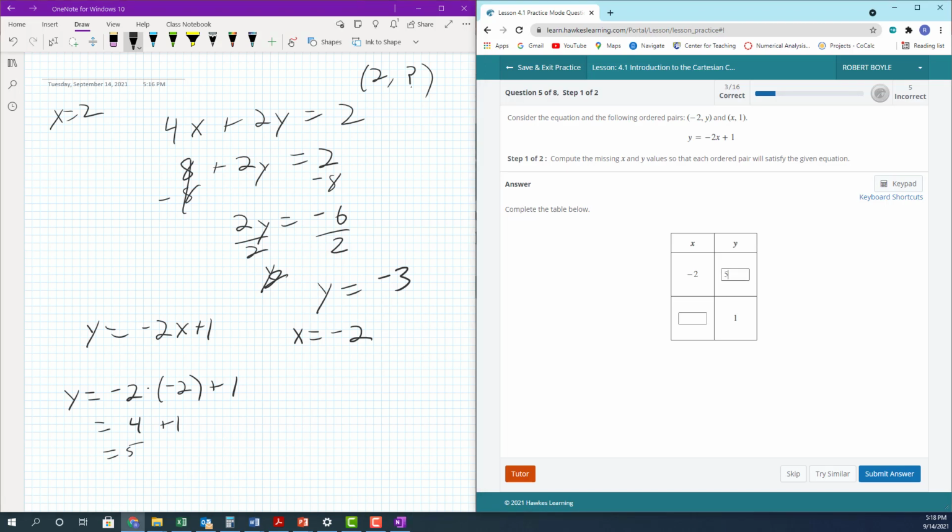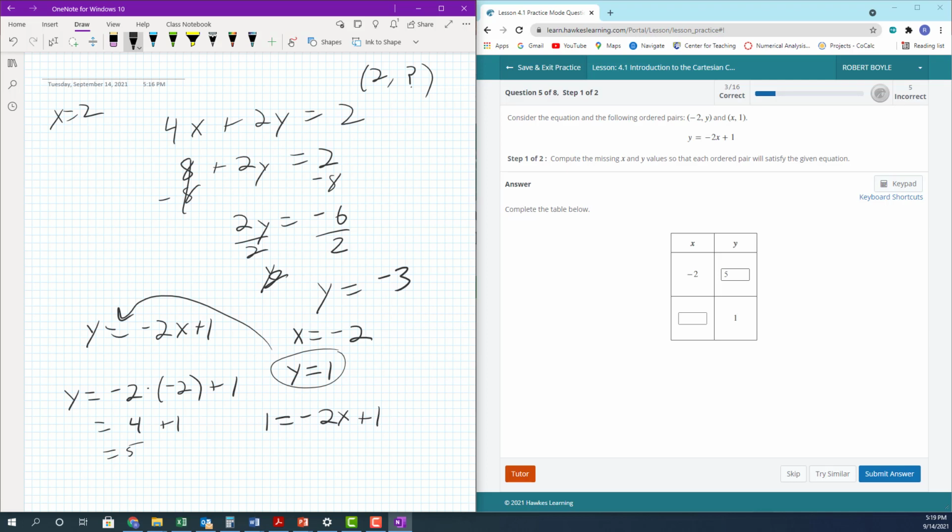For the next problem, we have that y is equal to 1. So we want to substitute the 1 in for the y. And if we do, we will have 1 is equal to -2x plus 1. Now we want to get the terms with the variables on one side and the terms with the constants on the other side.